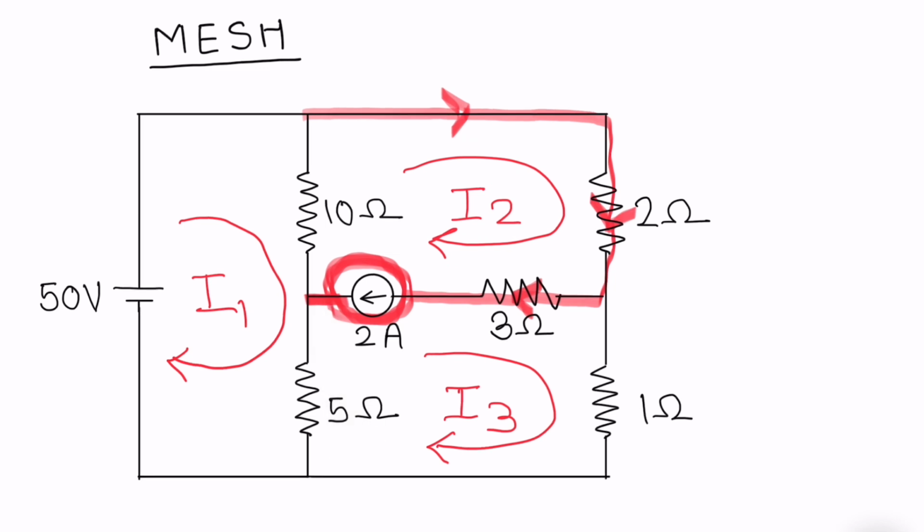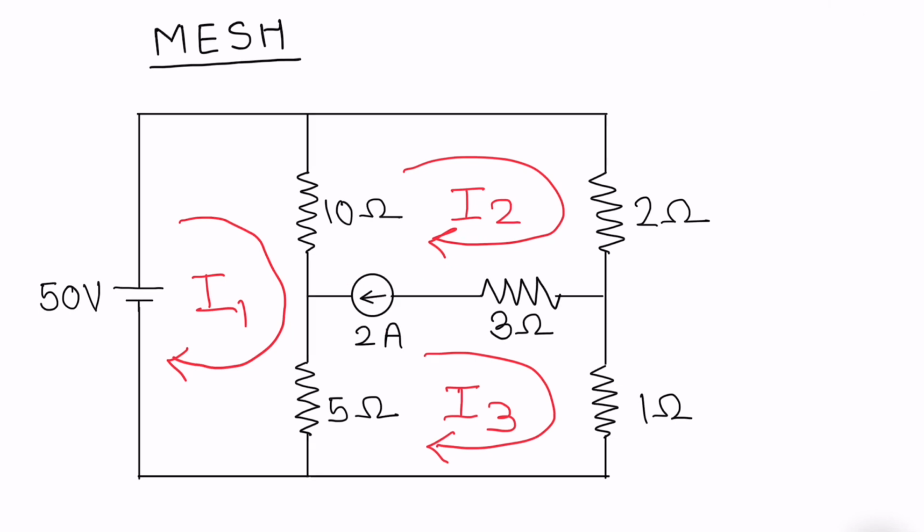That is the reason it is not possible for us to write down the KVL for loop number 2 as well as loop number 3. Why? Because when we start writing the equation for loop number 3, this current source will also fall in the path of the equation.